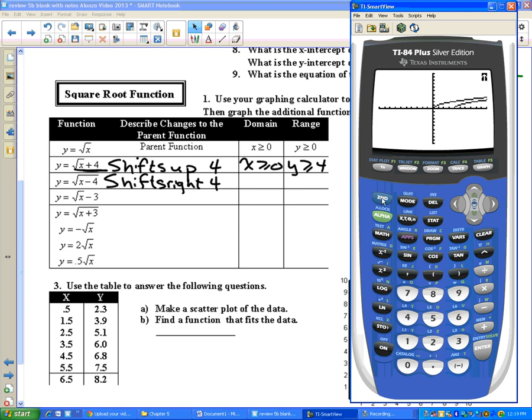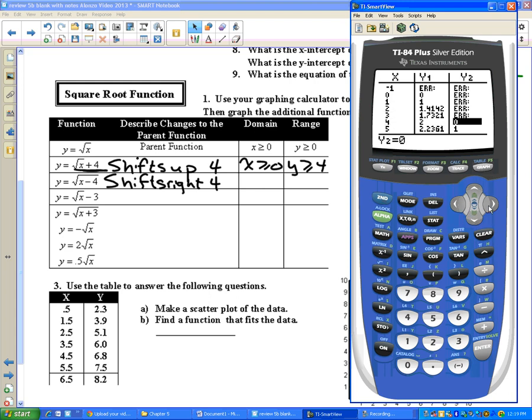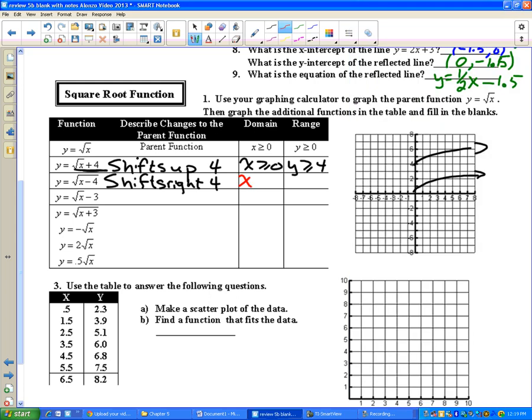But to double check, I'm going to hit second graph to go to my table and look at my x. The word error for y2 is now over here. So right below it, my x's are going to be greater than or equal to 4. My y's are going to be greater than or equal to 0. So I can come back over here and say x is greater than or equal to 4. Y is greater than or equal to 0.